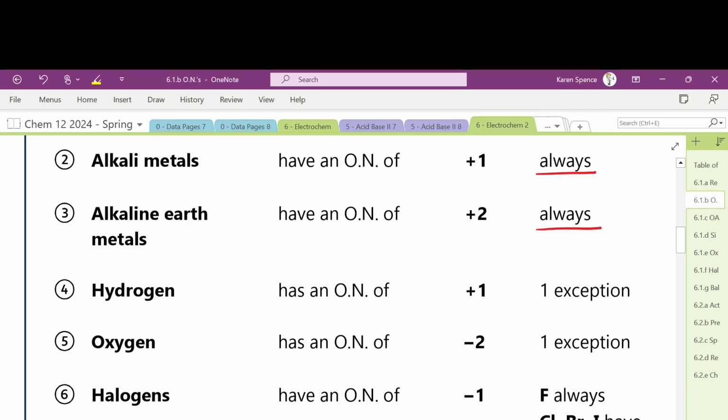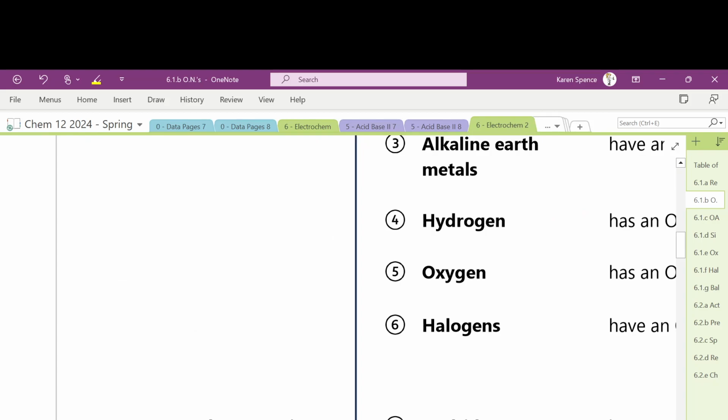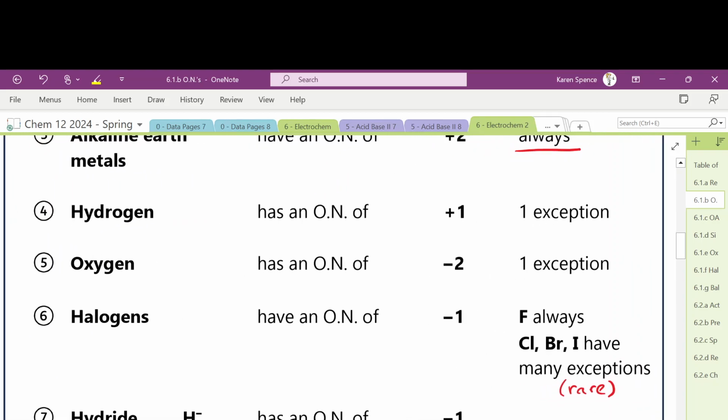So here are our exceptions. Remember, hydrogen is almost always +1. But if we have the hydride ion, hydride is H-, it has an oxidation number of -1.